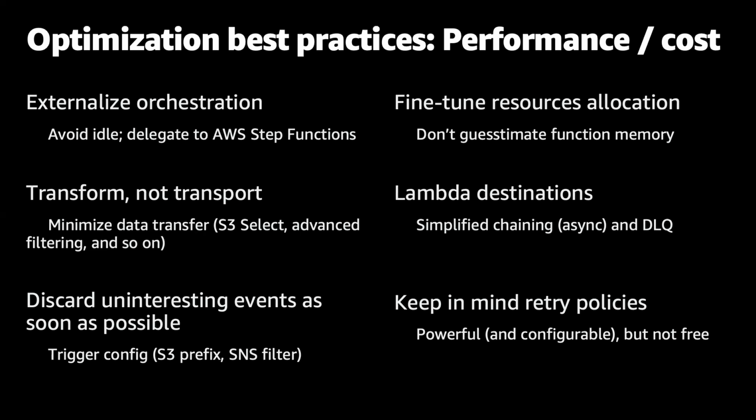Lambda destinations are not really meant to help you save cost, but basically Lambda destinations allow you to put the output of your function into a downstream service like SNS or another Lambda function for asynchronous invocations. So why is it on this list? Because you don't have to do an API call yourself inside your Lambda function.